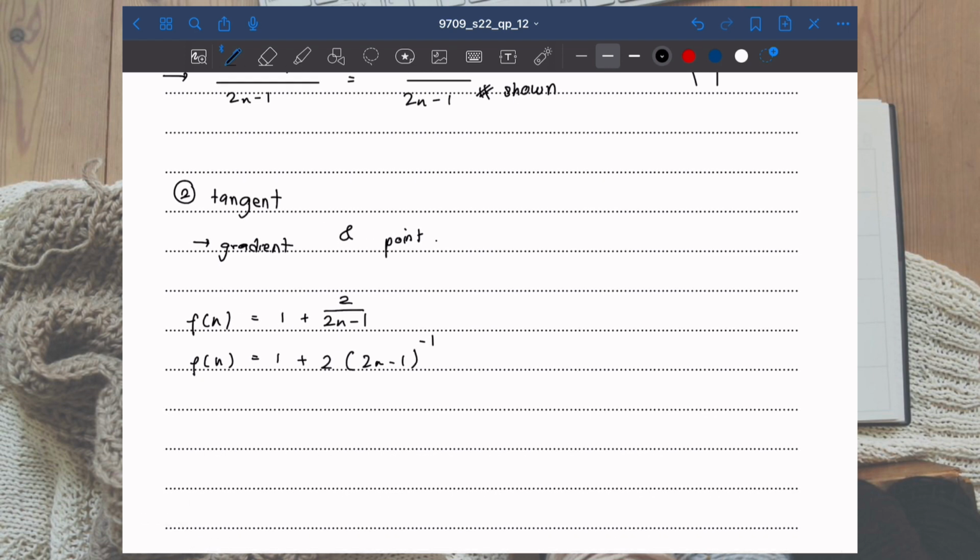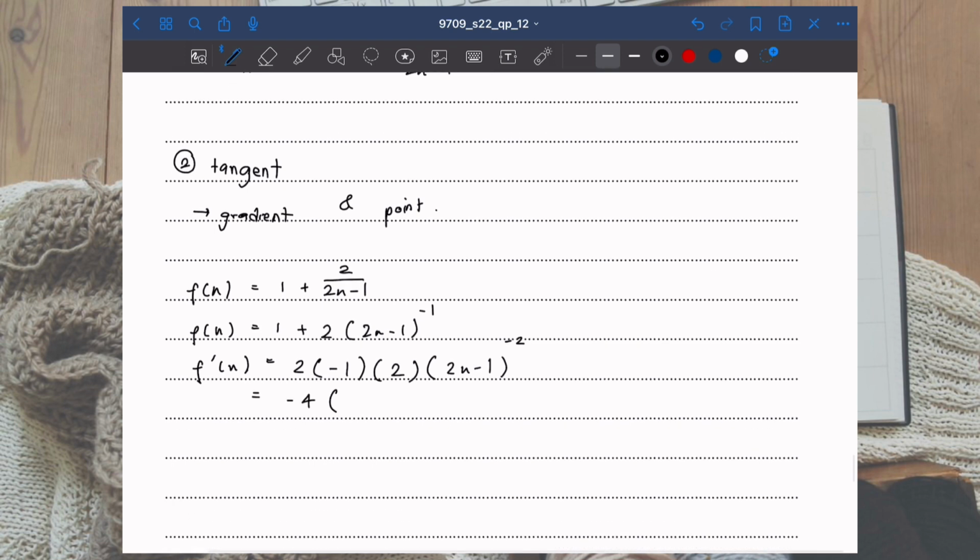So the differentiation will be f prime x. Differentiating 1 gives us 0, and differentiating 2 times 2x minus 1 to the power negative 1 will be 2 times negative 1 times 2 times 2x minus 1 to the power negative 1 minus 1, which is negative 2. And we'll get negative 4 times 2x minus 1 to the power negative 2.